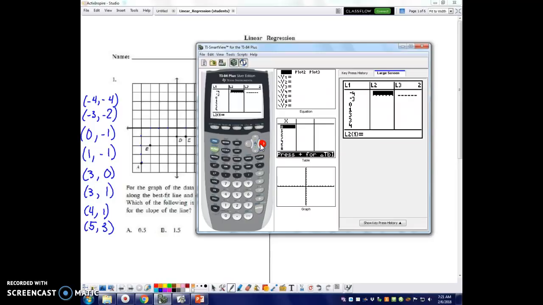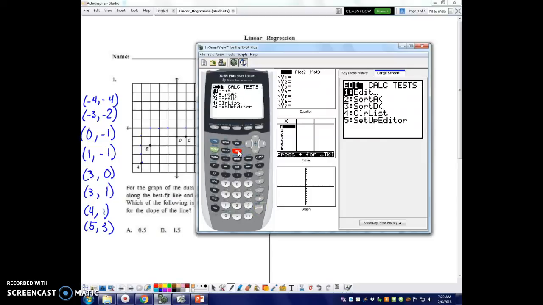Then you're going to type into L2: negative 4, negative 2, negative 1, negative 1, 0, 1, 1, and 3.